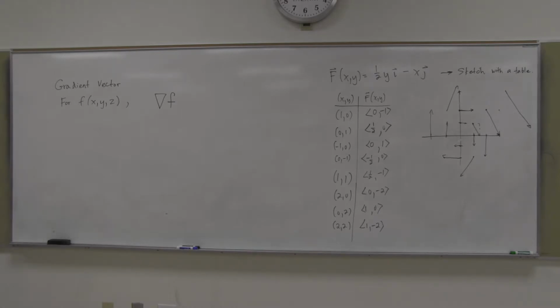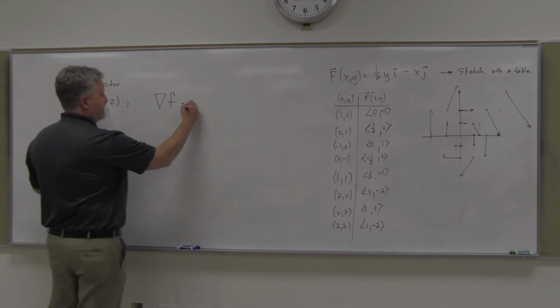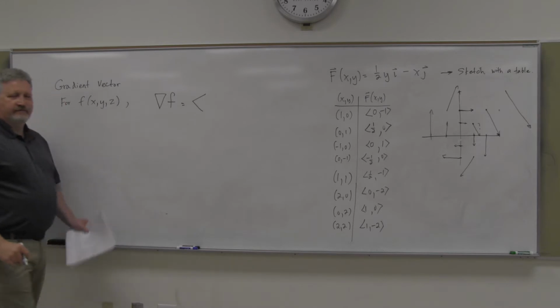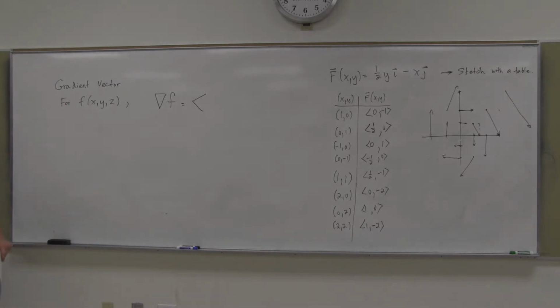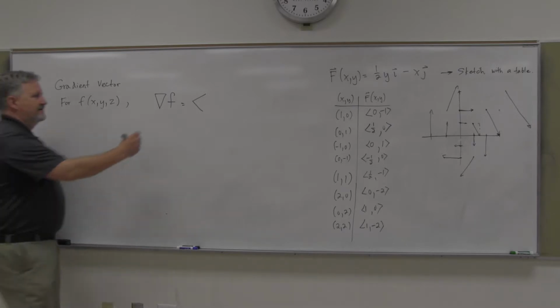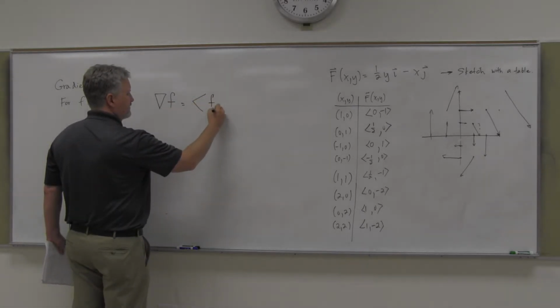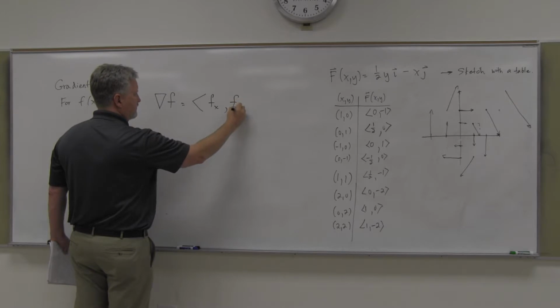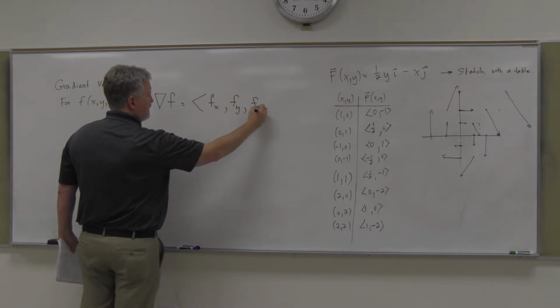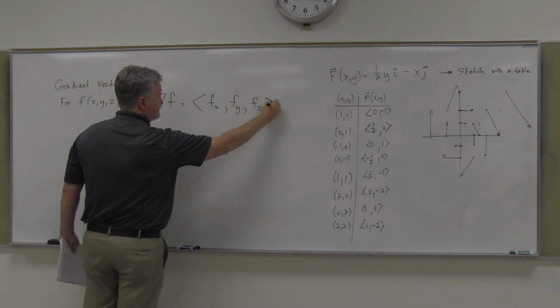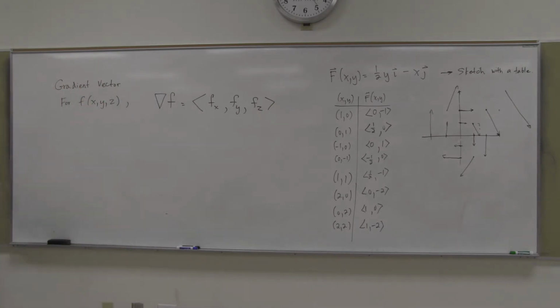Remember what it was? It was the vector, and the components were the partial derivatives. The i component was the partial derivative with respect to x, the j component was the partial derivative with respect to y, and since I'm doing a 3 variable one here, the k component was partial with respect to z.